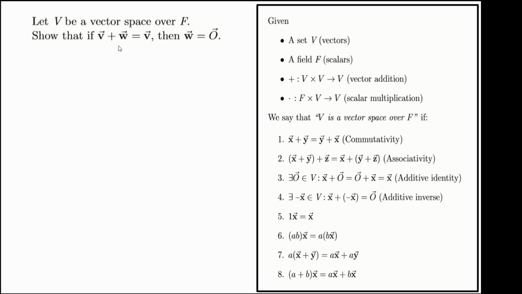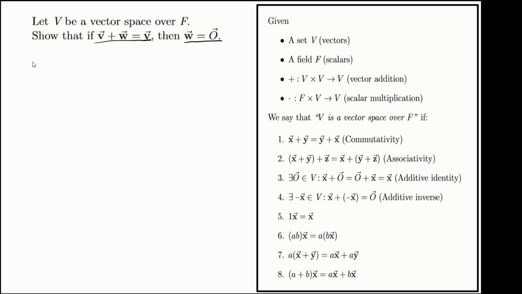So we want to show that if this is true, then this is true. So I'm going to assume that V plus W equals V, and then I'm going to use the definition of a vector space to then conclude that if we assume that V plus W equals V is true, then W is equal to the 0 vector.